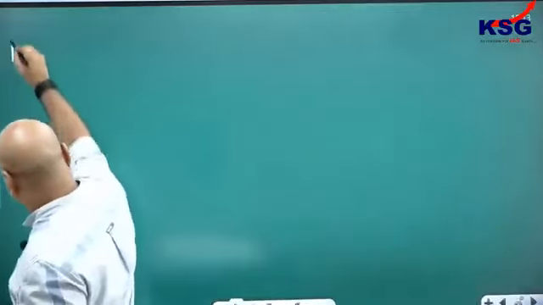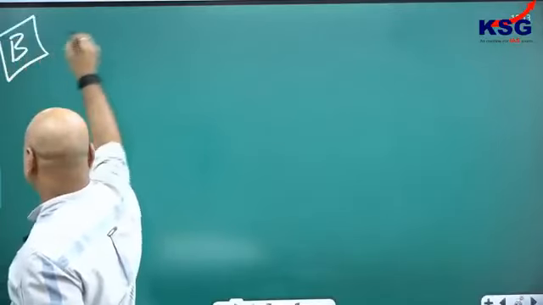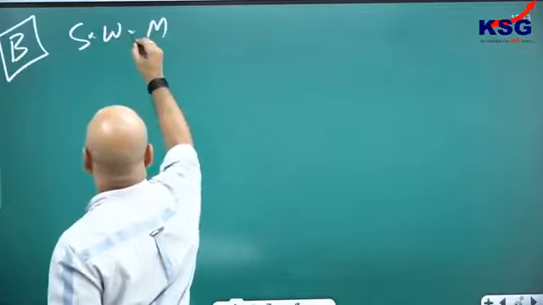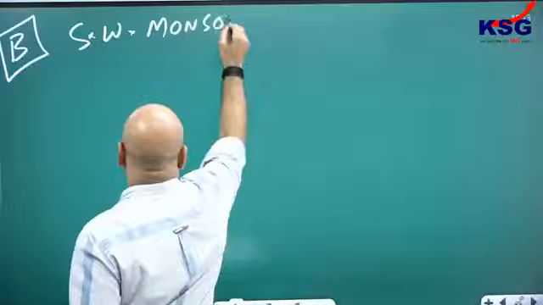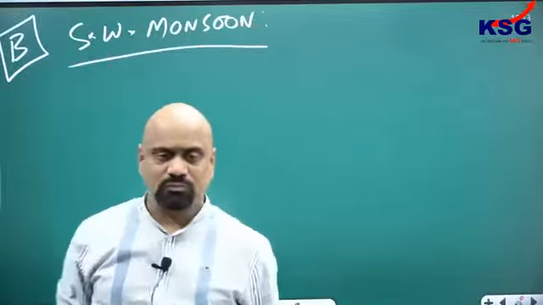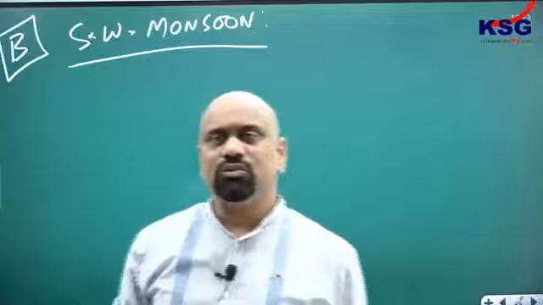B, it is southwest monsoon. Southwest monsoon. It's the rainy season, June to September.